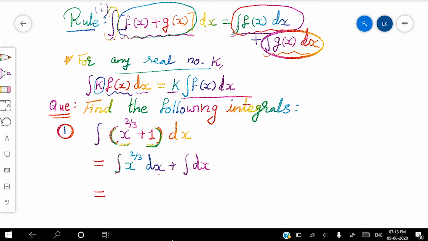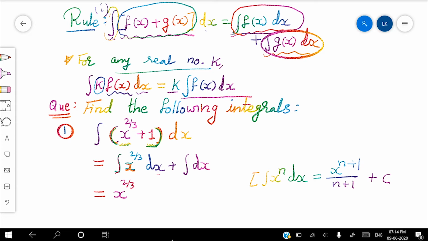Now you know the rule. x raised to 2 by 3 is polynomial. Which rule is applicable? Integral of x raised to n dx, you know, is x raised to n plus 1 upon n plus 1 plus c.